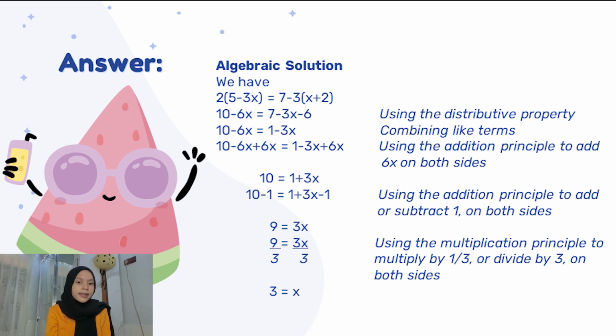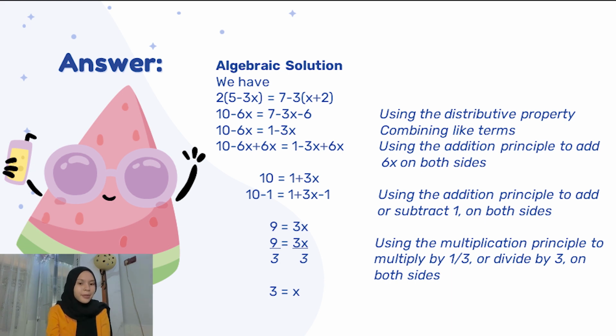Continue, add 6x to both sides: 10 minus 6x plus 6x equals 1 minus 3x plus 6x, using the addition principle to add 6x on both sides.